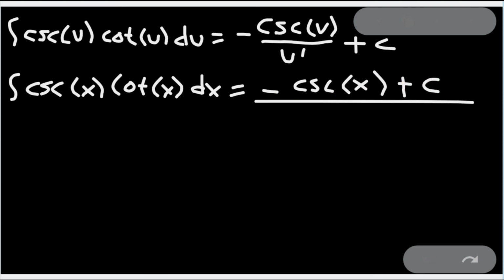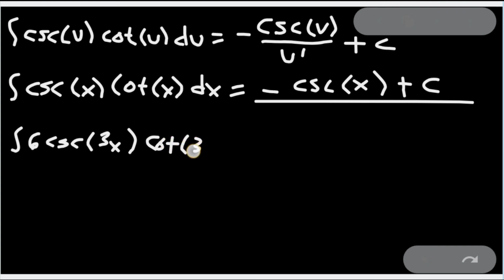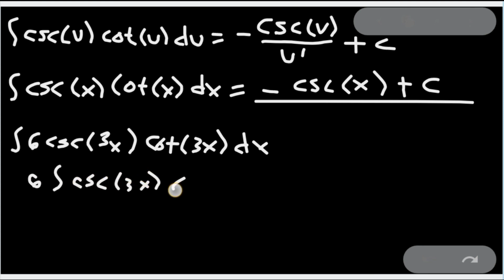Now, let's try another example. Let's say we have the integral of 6 cosecant 3x then cotangent 3x dx. The first thing we need to do is to put on the left side the constant. So 6 times the integral of cosecant 3x cotangent 3x dx.